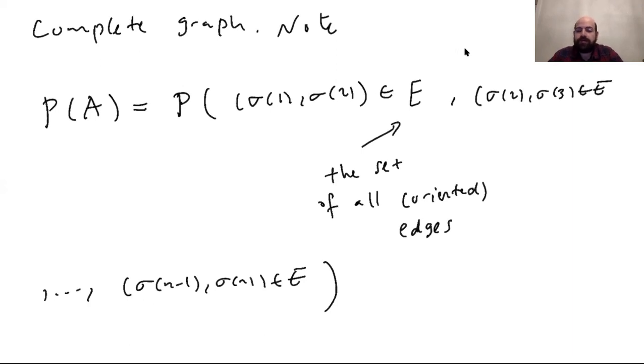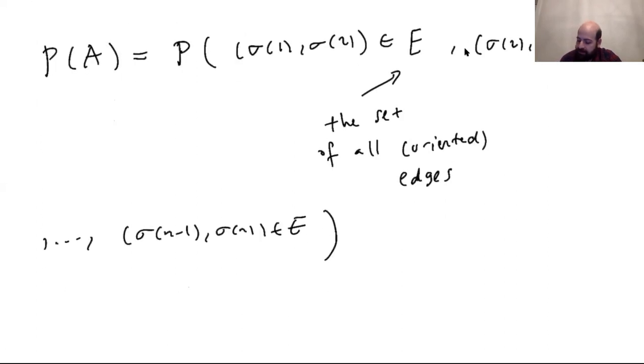Now I'm assuming that I'm assigning orientations to my edges randomly and independently. So I can say that the probability that each of these edges exists is the multiplication of the probabilities.